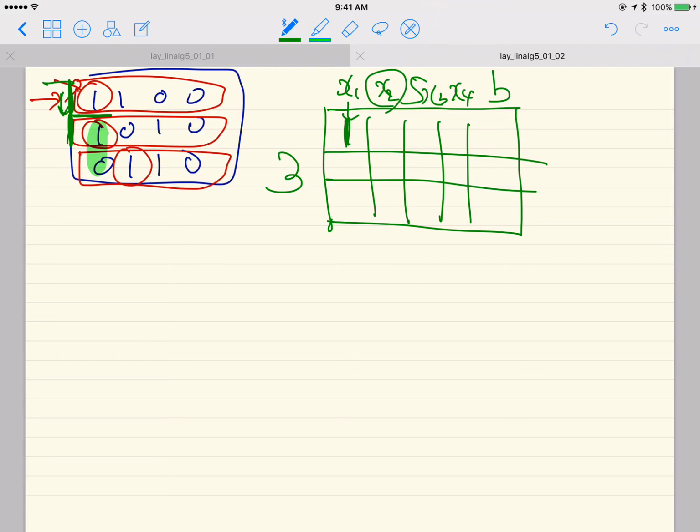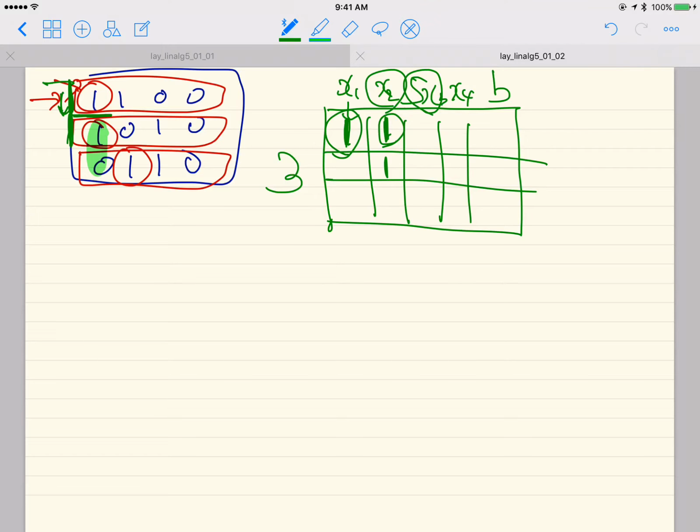And then what about the next one? It should have a pivot, but it cannot be in the first row, because then it is no longer a leading entry, since we already found the leading entry here. So we have to put this pivot in the second row. Okay, so far so good.